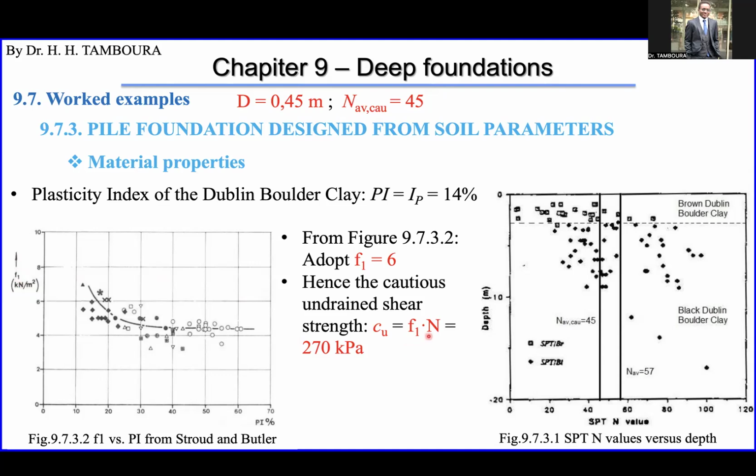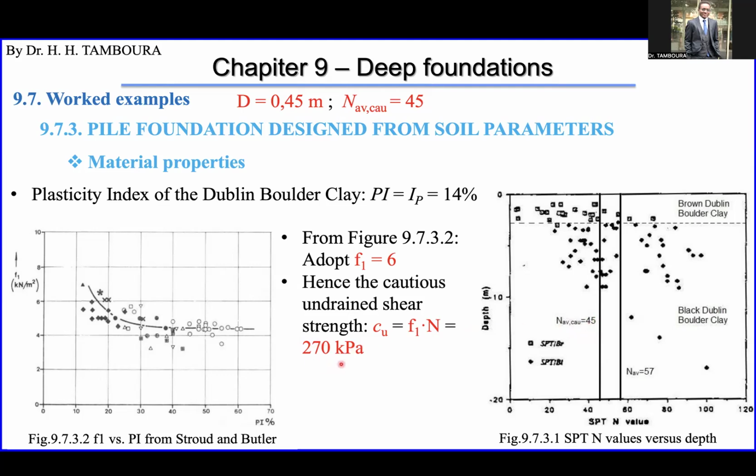It will allow us to get the undrained shear strength of the clay, using F1 multiplied by the N value. Remember the N value, we will take the 45.